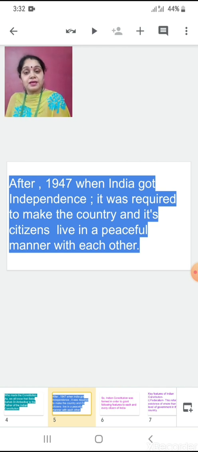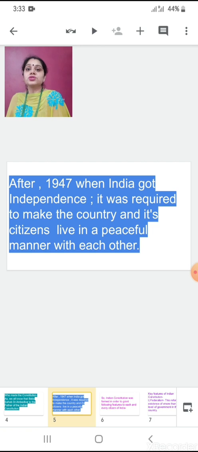The preamble is a landmark, a symbol of giving the right of equality to each and everyone's own choices, tastes, and preferences.